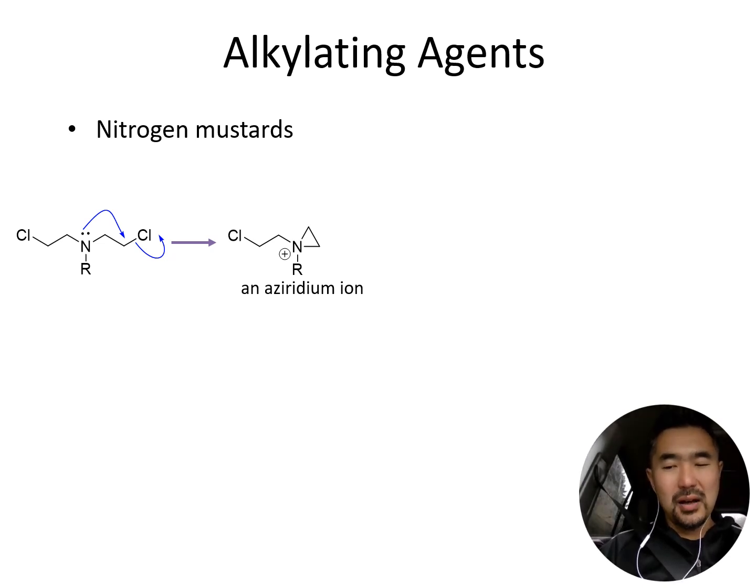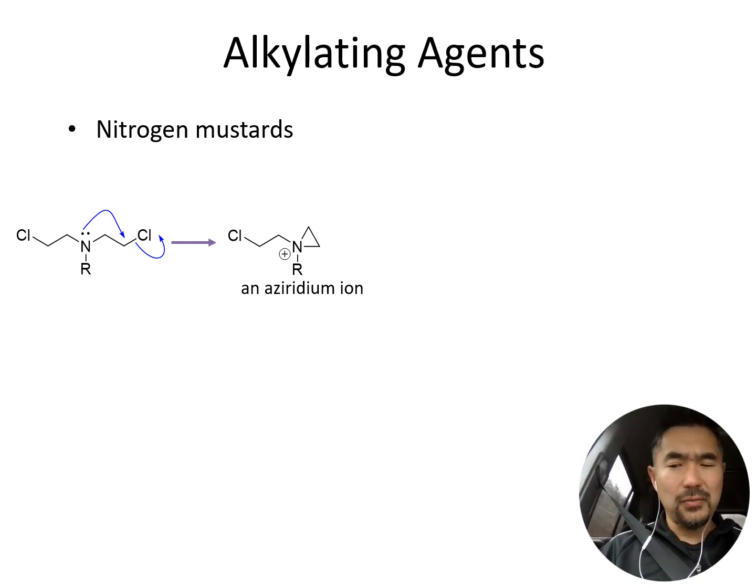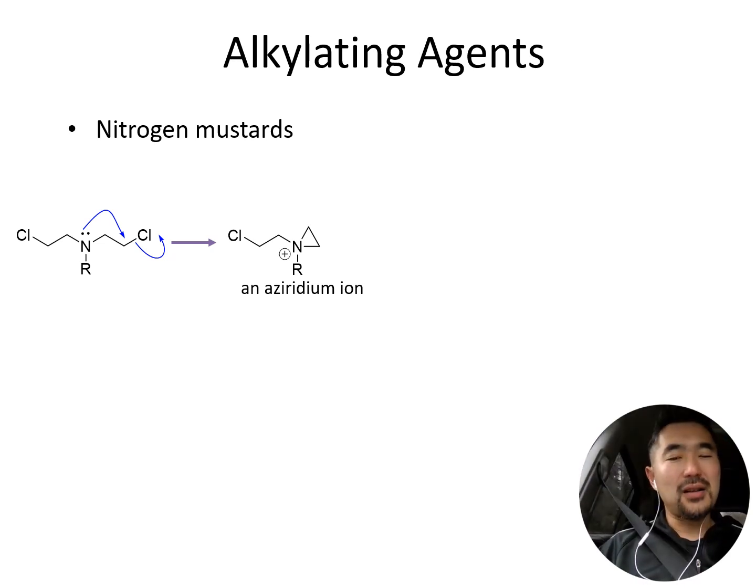And to distinguish them from the chemical weapon type of mustard compounds, we call these nitrogen mustards. That's not because of their appearance, like they look like mustard, like yellow gas or anything like that. In fact, nitrogen mustards usually are not gaseous, either liquid or solid.